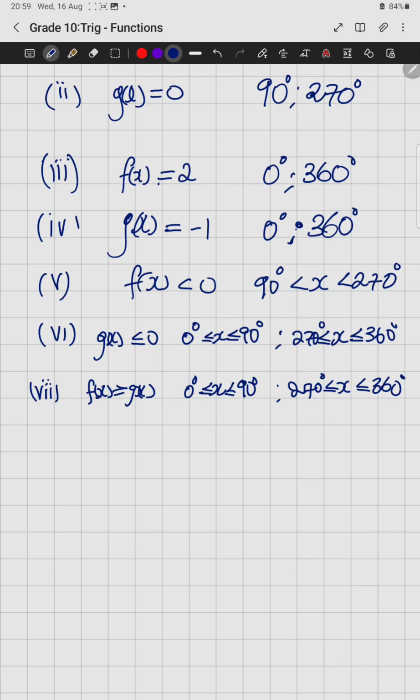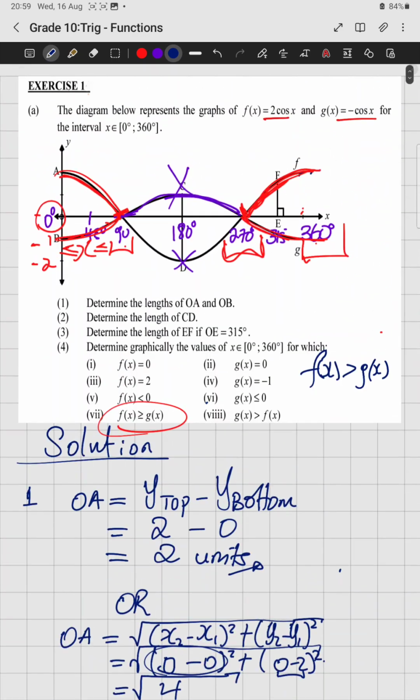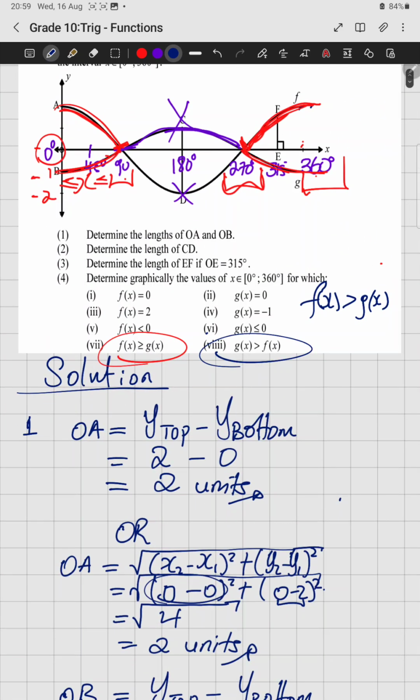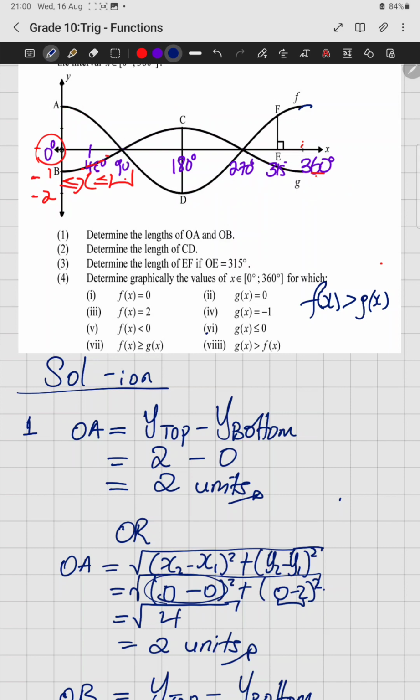Okay, and then we go to, I think, the last one, when g of x now is above f of x. Okay, so let's just clear everything here. Now we want when g is above. Where's g? So g is this one here.